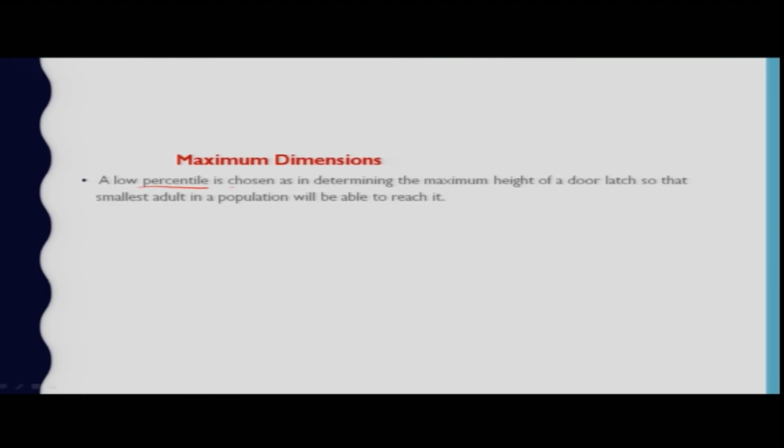In that case a lower percentile is chosen, as in determining the maximum height of a door latch, so that the smallest adult in a population will be able to reach it. So, the door latch that we are talking about must be no higher than the maximum vertical grip reach of a small person.